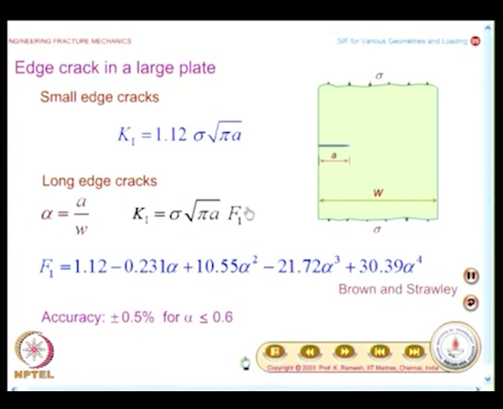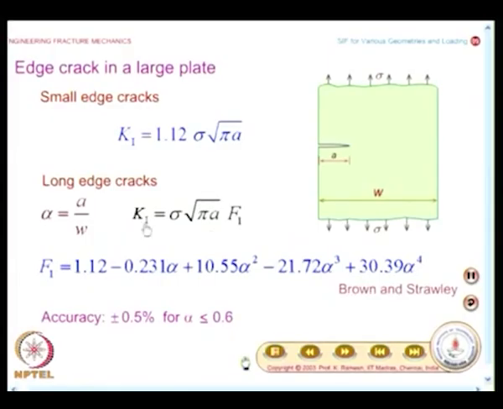And you will have to be careful how the function f1 is defined, and you will also have to look at how alpha is defined. We have seen alpha as 2a by w in the case of a center crack. In the case of a single edge notched crack, you have seen that as a by w.